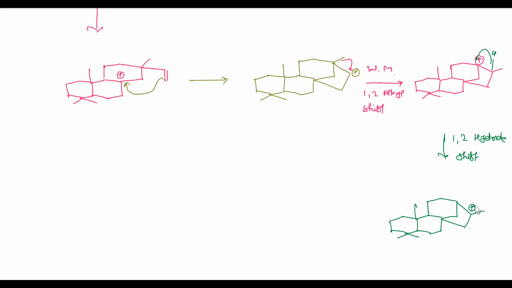Here a positive charge. In the next step, minus H plus takes place from this methyl group, and we get here a double bond, and this is known as kaurene.